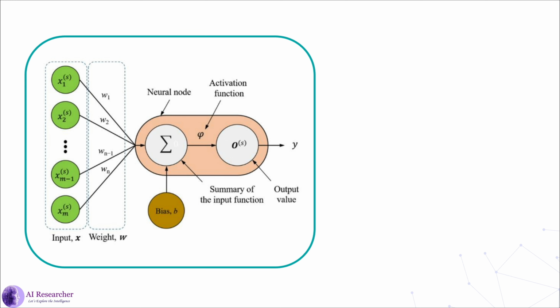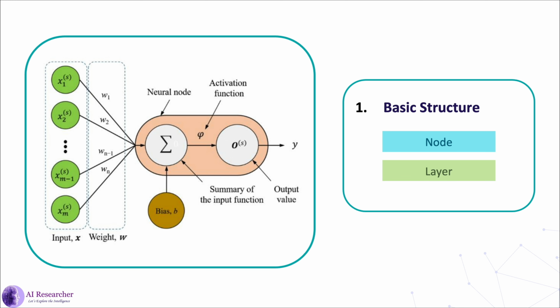Starting with the basic structure, I would say there are two main types of components that are important: node and layer. Each layer is made up of nodes or neurons, where each node in one layer is connected to every node in the next layer. About layers, multilayer perceptrons consist of three main layers: input layer, hidden layers, which can be more than one, and output layer.